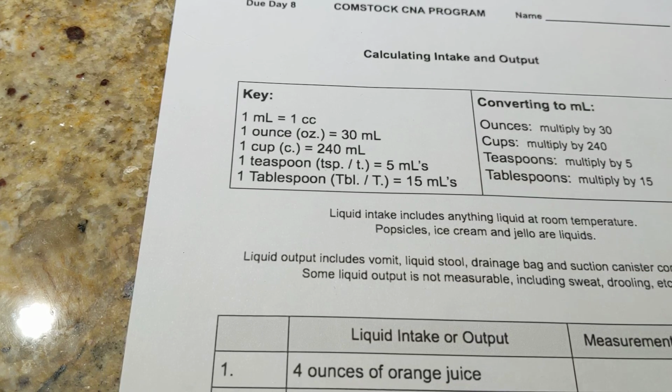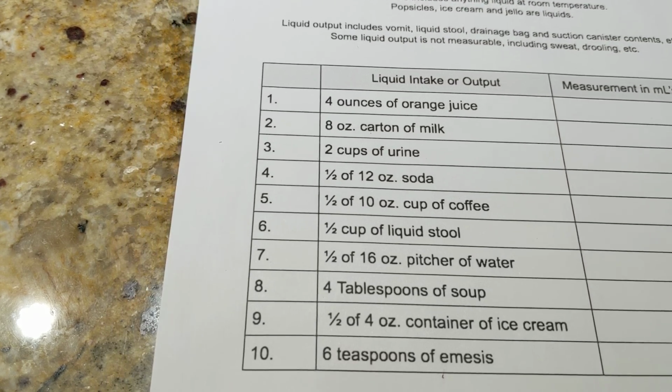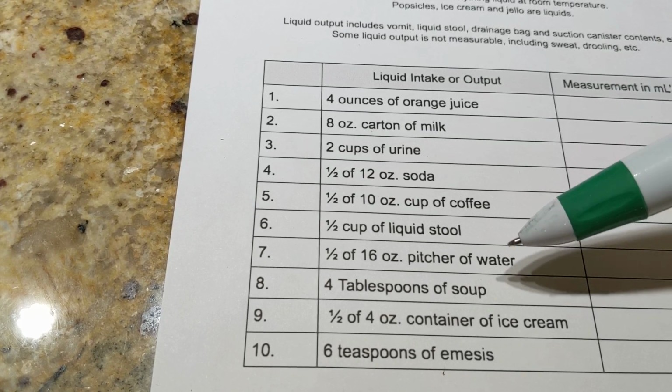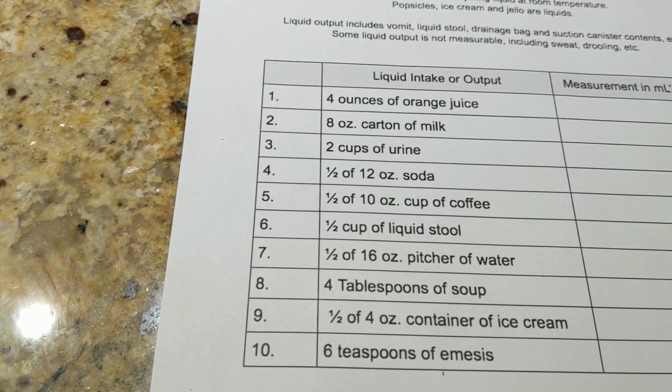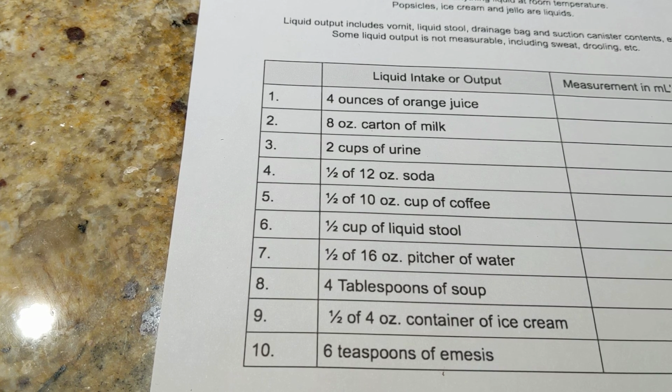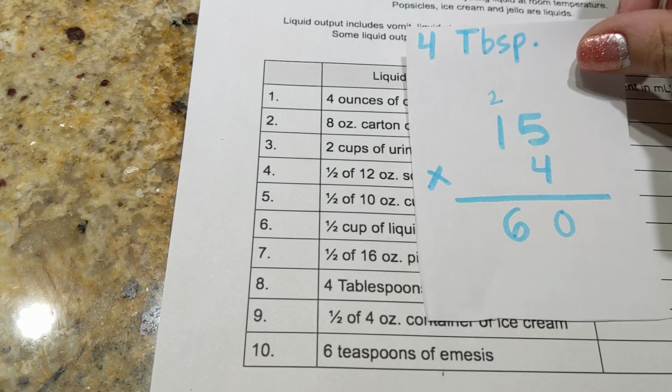Let's go down to the bottom of this page, and we're going to be calculating from tablespoons and teaspoons into milliliters. Whenever we're dealing with tablespoons, we need to multiply by 15. You can see number 8, we're dealing with 4 tablespoons, and I'm just going to do that with you.